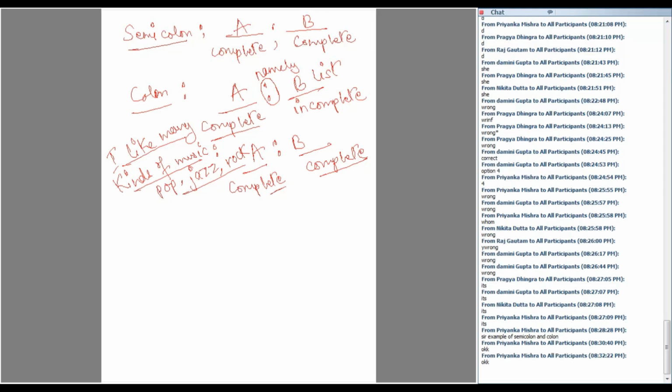In fact, you also can check. When you check on the usages of semicolons and colons, you will see that different books, different sources will say different things. That is why it becomes confusing. So as far as I am concerned, whenever I look at colon and semicolon, I treat them as same.